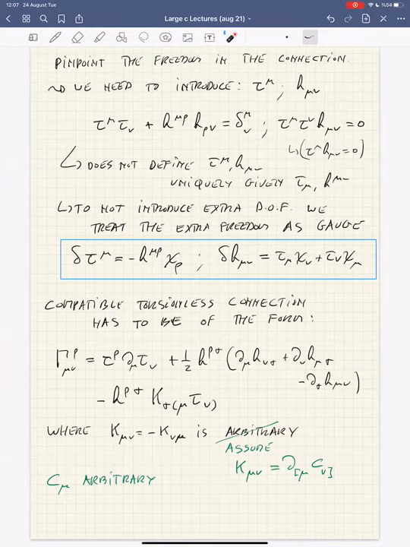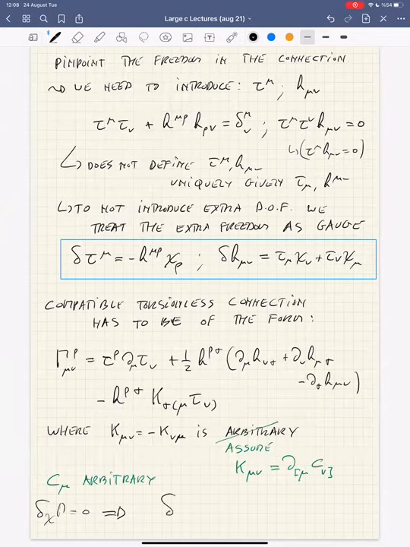Okay. Now there is still one more thing to be done, and then I can pause and make some comments. So we said that there were these gauge transformations for tau and h. Well, the connection should not depend on them, right? Because otherwise it would be, again, extra arbitrariness. So I should make the connection invariant, so delta chi gamma should be 0, and that fixes automatically for me the transformation of this gauge potential.